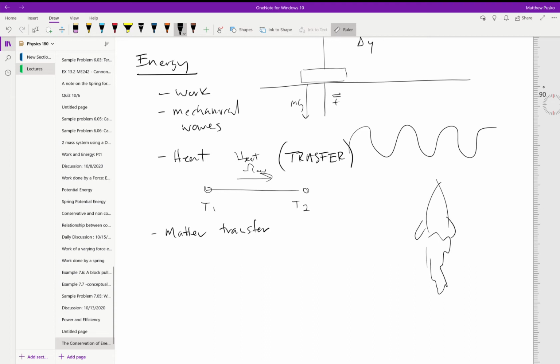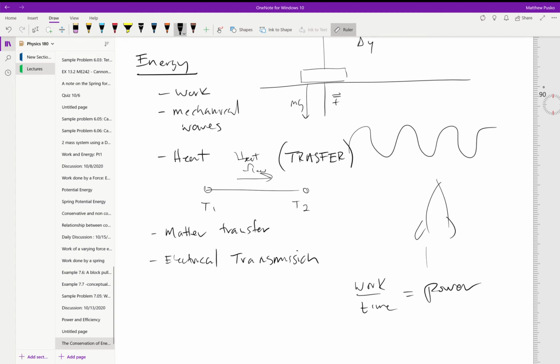Electrical transmission is another way. So we talked about power in the last lecture. Well, you've probably seen the word watt associated with electricity more than anything. But guess what? It's just work per unit time, right? Just a refresher: work per unit time is equal to what we call power.